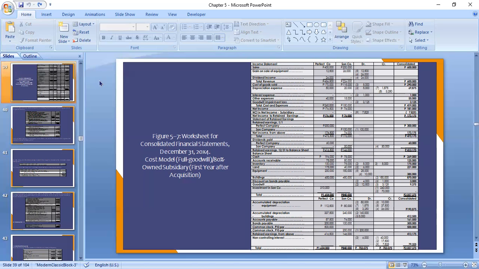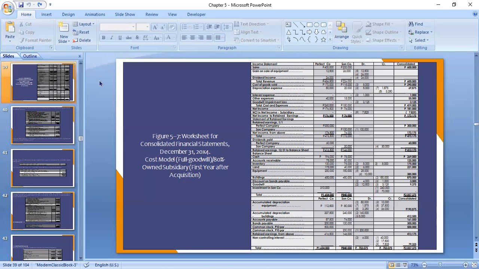So we have now the amount of the total revenue. Then we have cost of goods sold, depreciation expense after recognizing whatever adjustments.